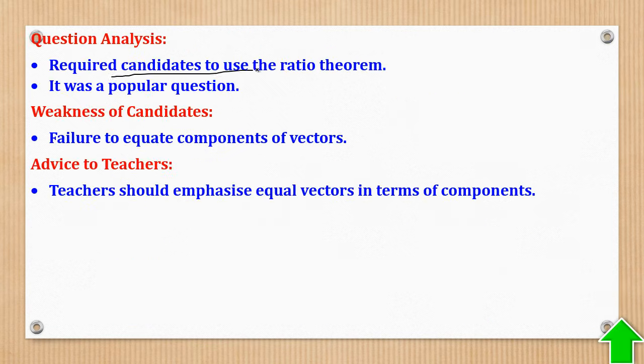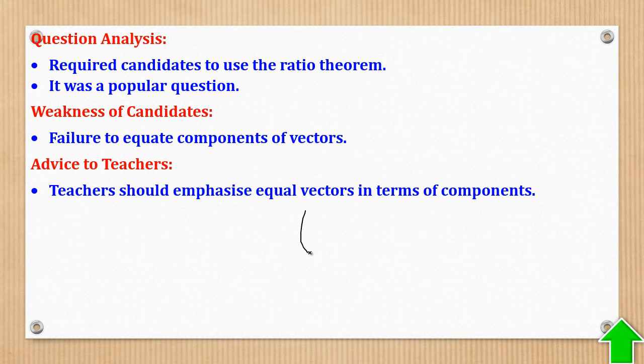So the question required candidates to use the ratio theorem. The ratio theorem was a must. However, some candidates failed to equate the components of the vector. So you have to equate the i component alone, the j component alone, like that. So teachers should emphasize equal vectors in terms of components.